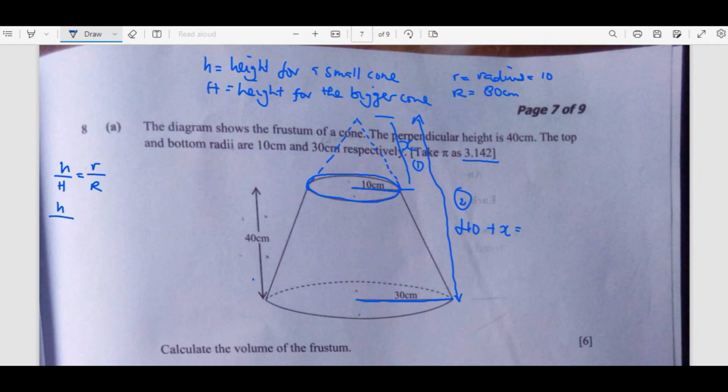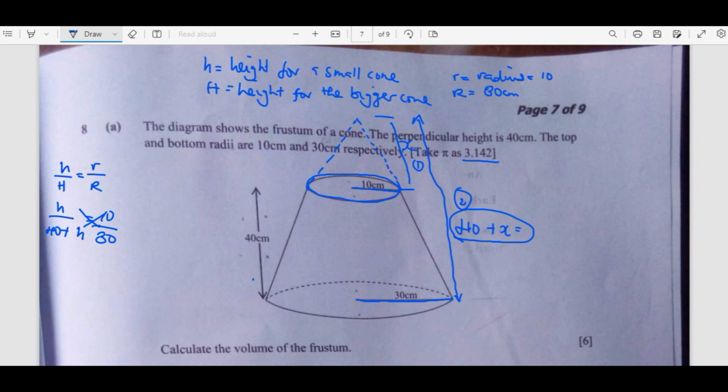To find the height of the cone, this is the height of the cone, so we would say 40 plus h is equal to the radius of the small cone, that is 10, over 30. And then when we reach here, we're going to cross multiply.